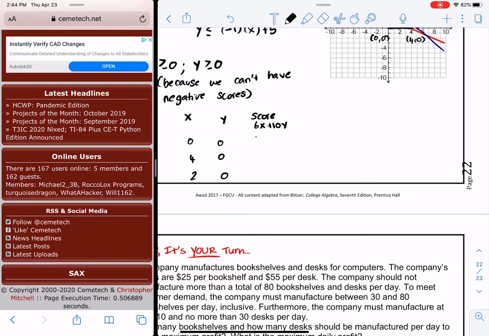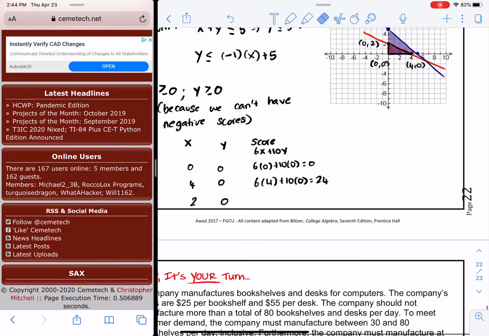So we have 6 times 0 plus 10 times 0, which is 0. 6 times 4 plus 10 times 0 is 24. And lastly, 0, 2. 6 times 0 plus 10 times 2 would give us 20.